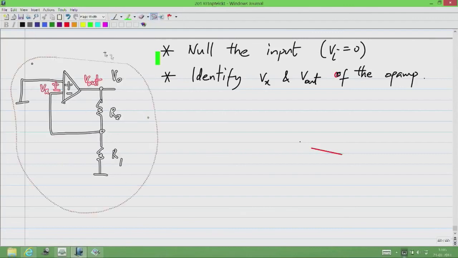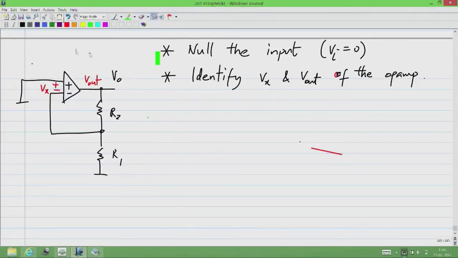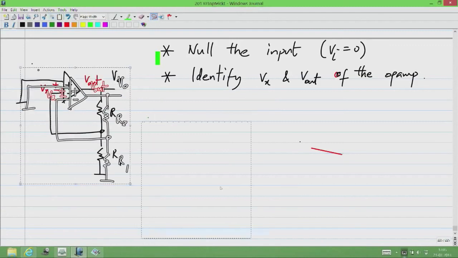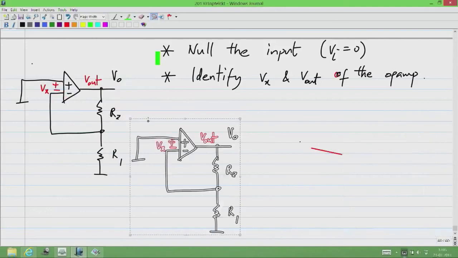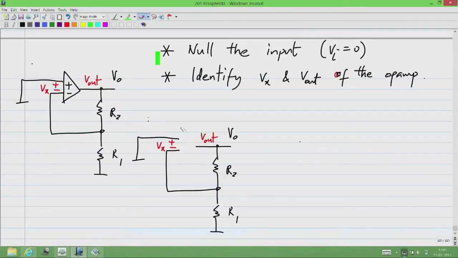so then what you do is, you just remove the op-amp. Okay, let's say I remove this op-amp.